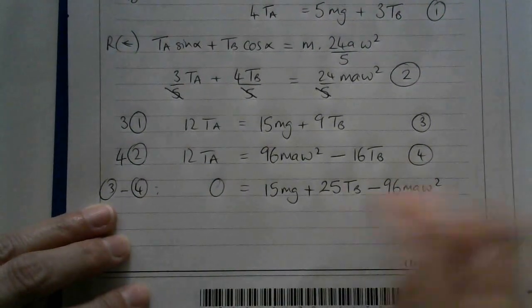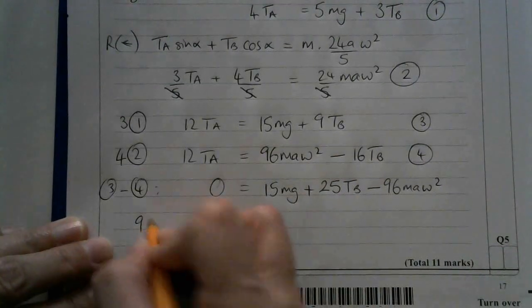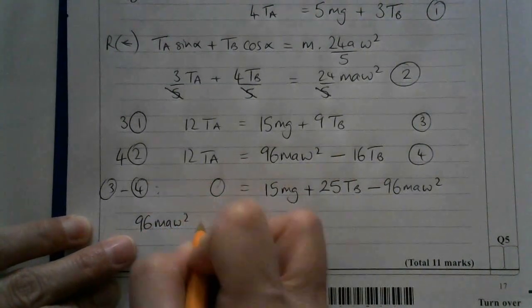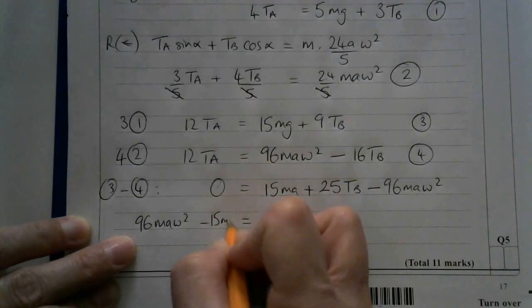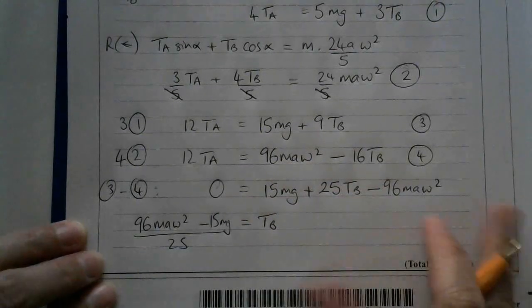So rearranging this to give you TB, I've got 96 MA omega squared minus 15 mg over 25 gives me an expression for TB.